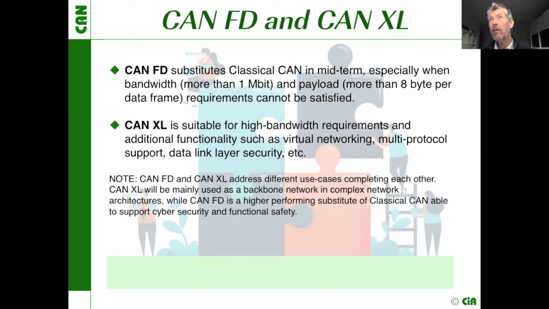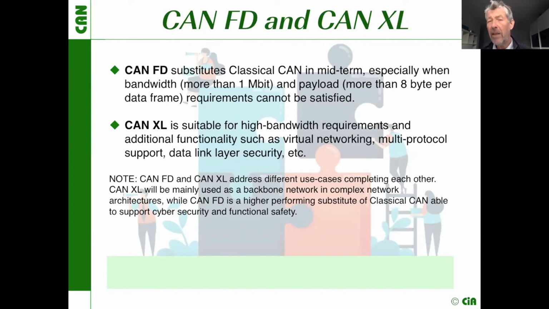Local real-time network applications are not, at first glance, the application field of CAN XL. This could also be used for that purpose, but it is mainly intended for more complex system architectures. You see that we have additional fields and, so to say, some overhead.